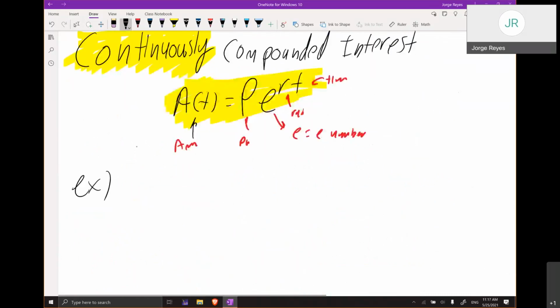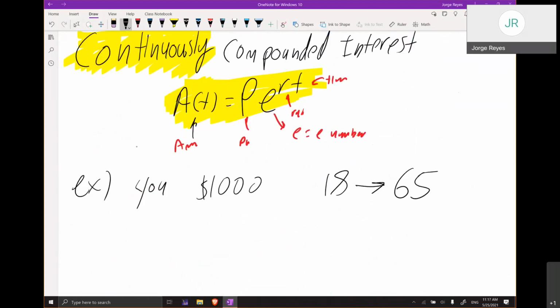But let's do the same example, okay? So let's also invest $1,000 when you're 18 until you're 65, okay? At 7% interest rate. All right, but now we're gonna compound continuously.